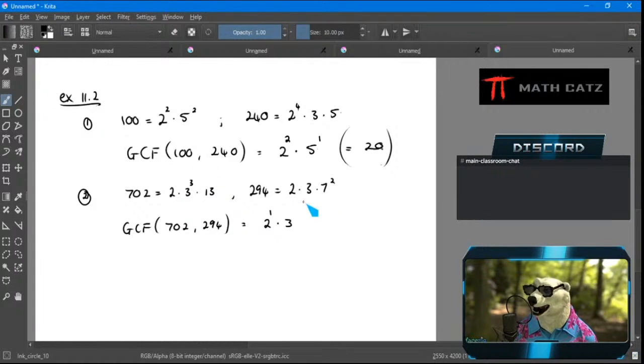But 294 says, no, only one. So that's unfortunately limiting me as well. So that's my answer. That is 6, the largest number that can divide into both 702 and 294. I might feel that surely there's a bigger number. No, there isn't. That is the biggest number that can fit into both.